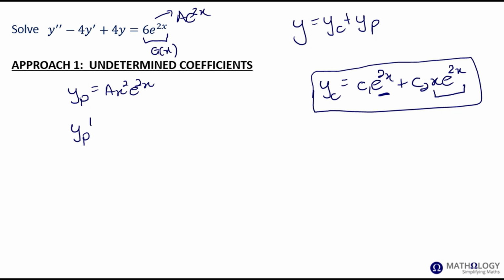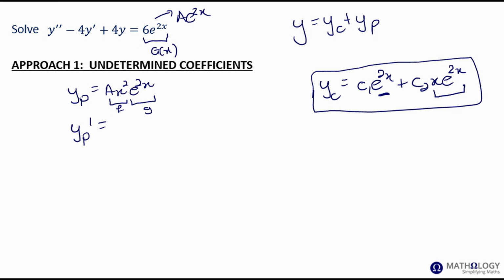So y prime will be, take ax squared as our first function f and e to the 2x as our second function g. Then using the product rule, the derivative of y will be f prime g plus g prime f.